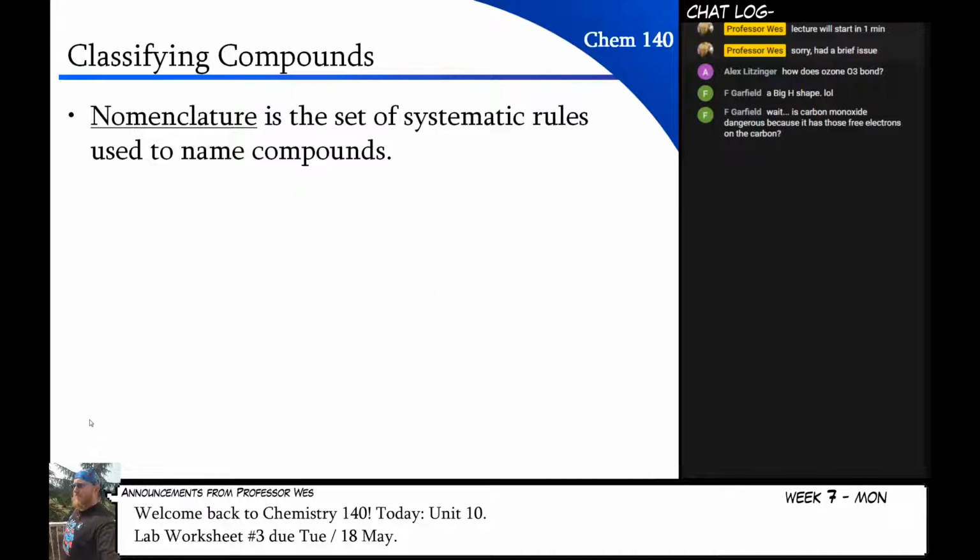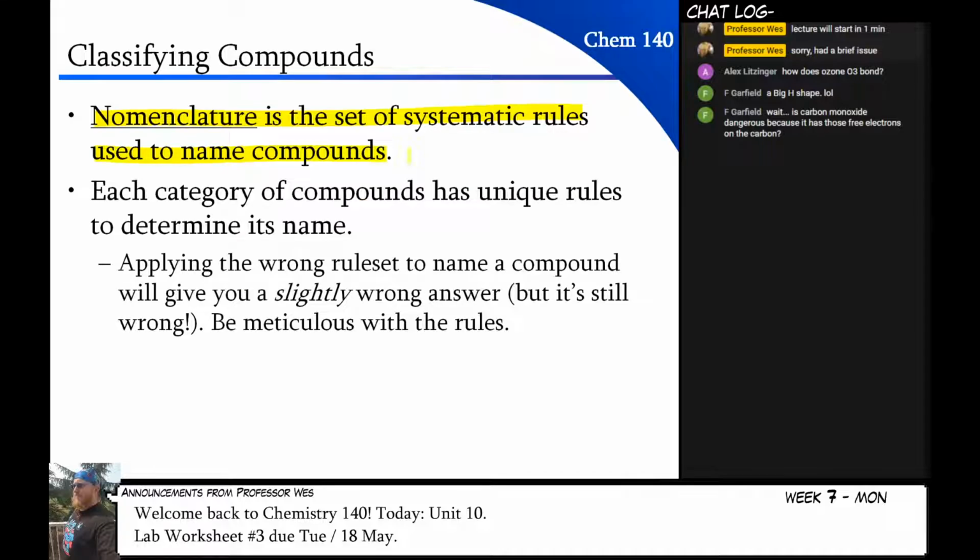What is nomenclature? Nomenclature is a systematic way of naming stuff. We're going to set out a very, very specific algorithm for naming everything, and if you break the algorithm, you get the wrong name. Follow the algorithm, and you'll be in great shape. So it's real important. Be meticulous. Don't skimp on the rules, and don't assume what the rules are. If you aren't sure, come back to the Unit 11 slides, because it's an online class, right?